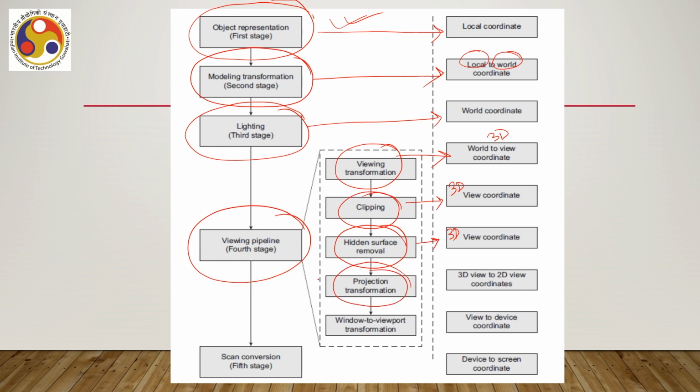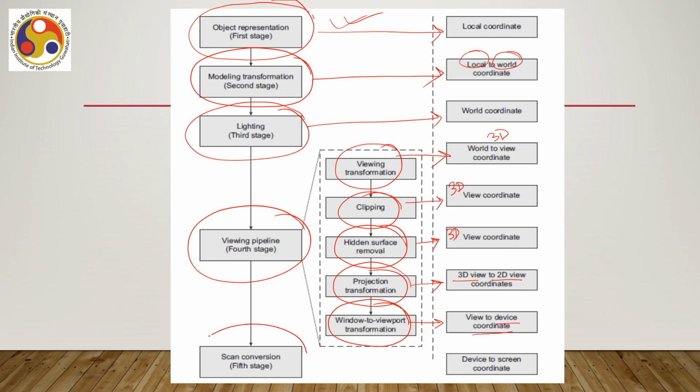Then we have projection transformation, where we transform from the 3D view coordinate to the 2D view coordinate system, and then we have window to viewport transformation, where we transfer the scene description in the 2D view coordinate system to a device coordinate system.